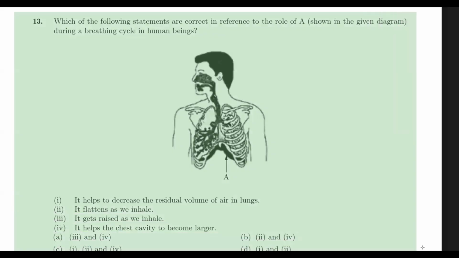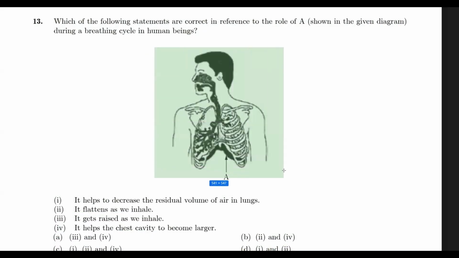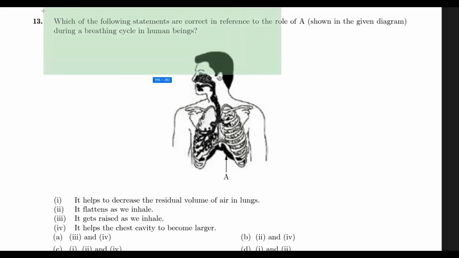The next question, 13, as you can see, the diagram given is the respiratory system. Which of the following statements are correct in reference to the role of A here? And A is clearly the diaphragm, right? So what we know is that the diaphragm has two shapes.